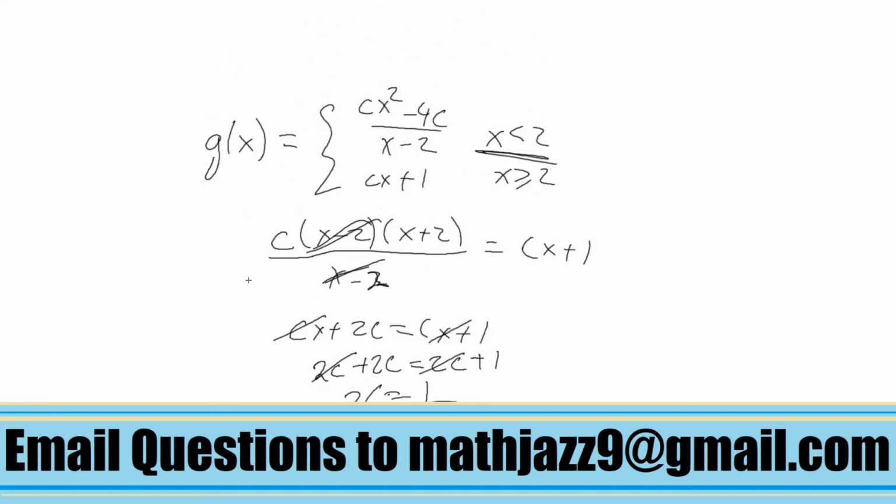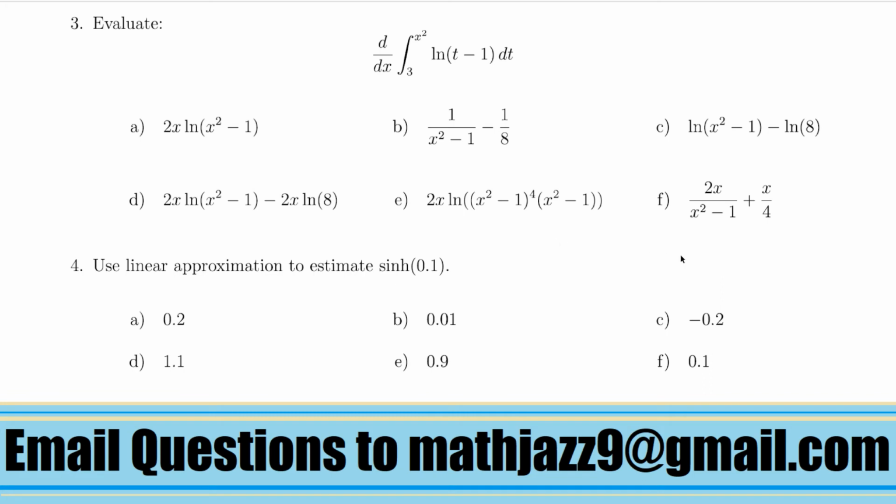Okay, so we want to look at our next problem. Our next problem is going to be the derivative of this integral. We're using the second part of the fundamental theorem of calculus for this, which is maybe the scarier part, I think. If people were asked which part of the fundamental theorem of calculus looks scarier to them, it's probably the second part.